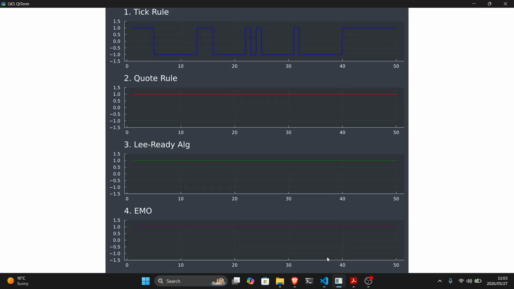Now, when you look at the tick rule, you can see that it stayed at 1 and then dropped around the 5th index, and it stayed at -1 for much longer than it stayed at 1, right? And then it switches the dynamics. Now it's at 1, and then it switches again. Pay attention to the duration of this.